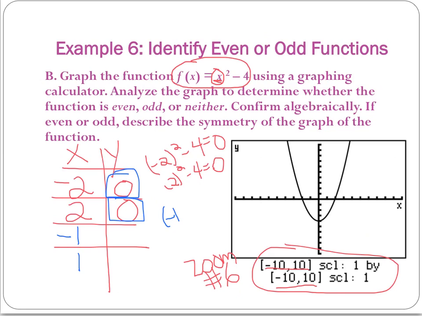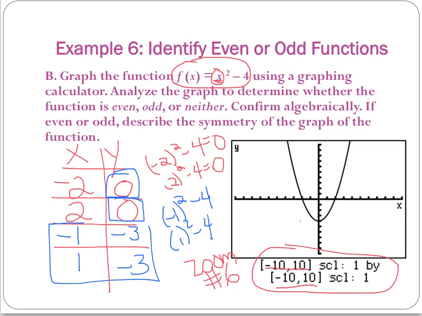I'm going to plug in negative 1 to the function and evaluate. Negative 1 squared minus 4 is negative 3. And positive 1 squared minus 4 is negative 3 as well. And so what I get here is negative 1, negative 3, and positive 1, negative 3.